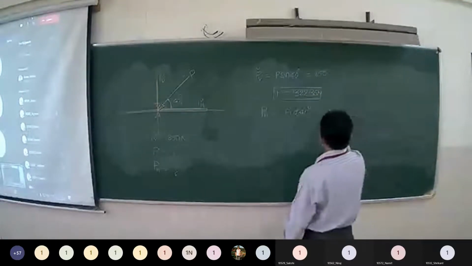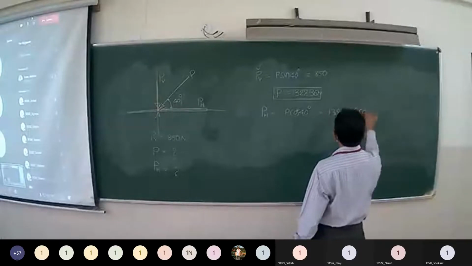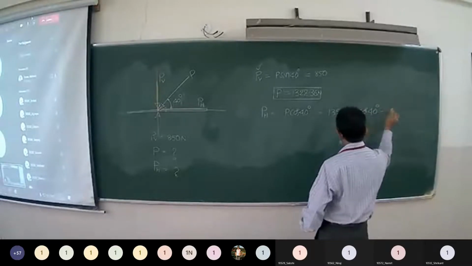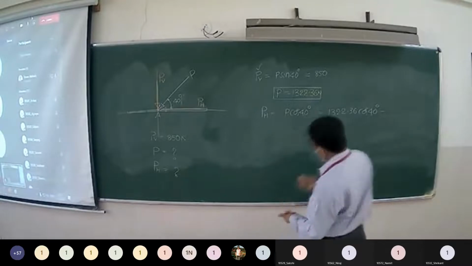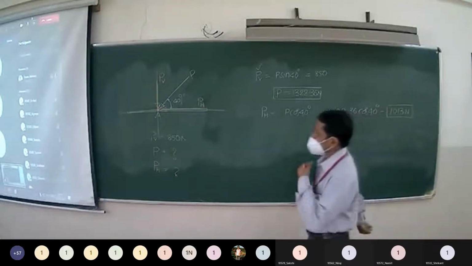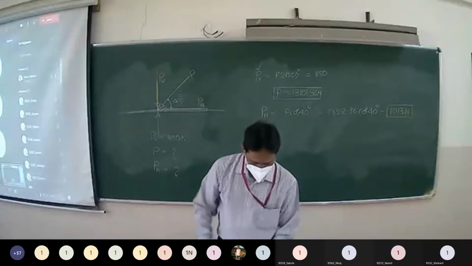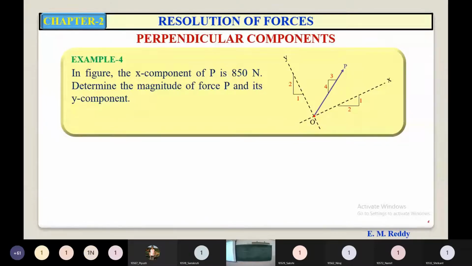So PH is equal to 1322.36 cos 40, that is 1013 Newton. It's a very important example.